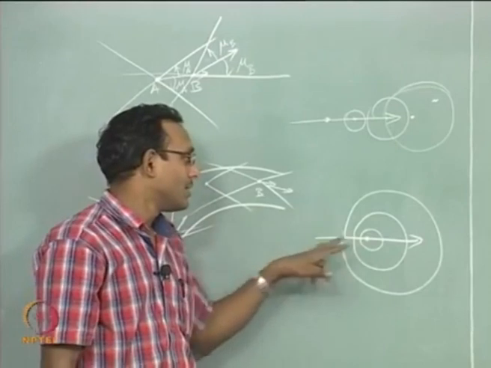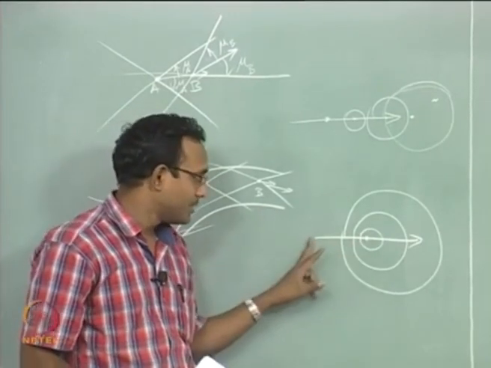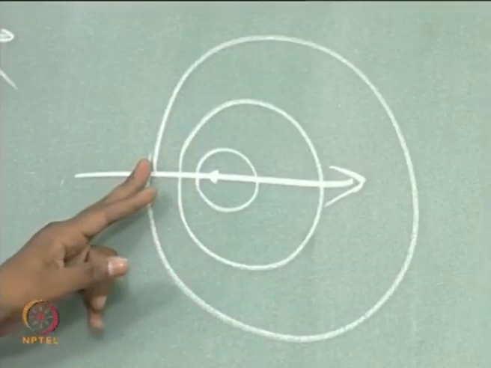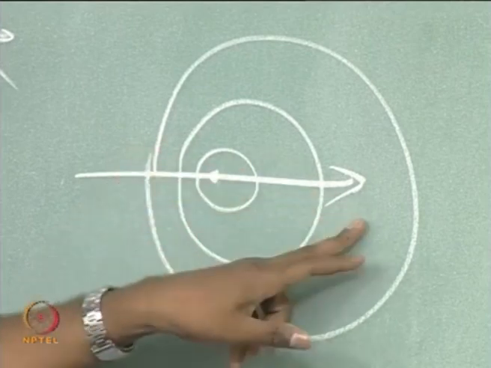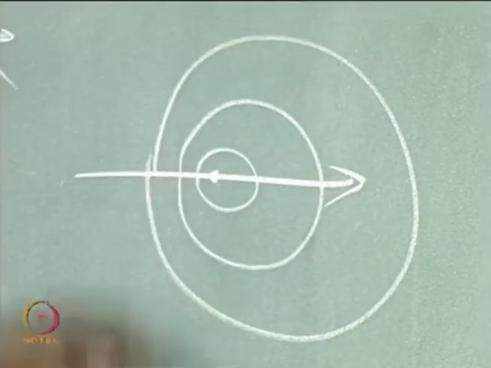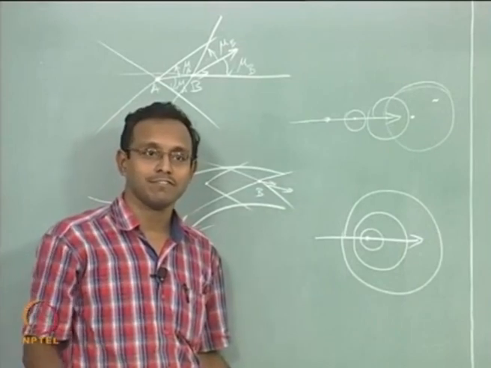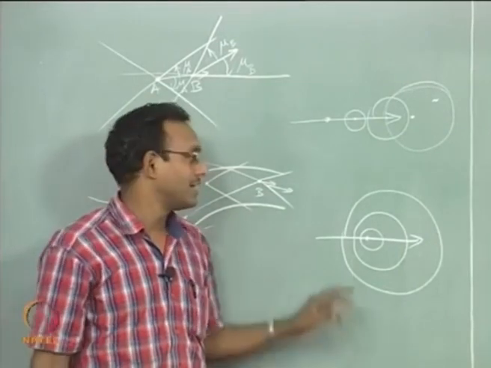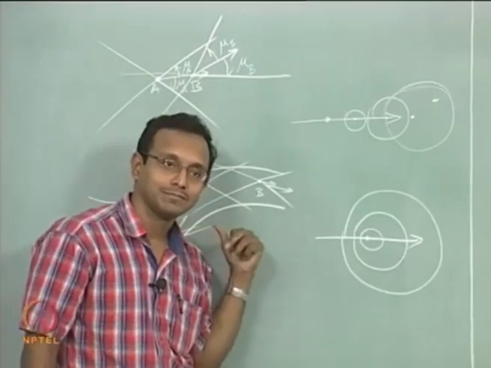Okay. Now, if this is the case, then the points upstream will also know that there was a disturbance here, points downstream will also know, every point in fact will know, provided I wait for long enough time. If I wait for infinite time, then definitely this will reach all the way to infinity in all directions.